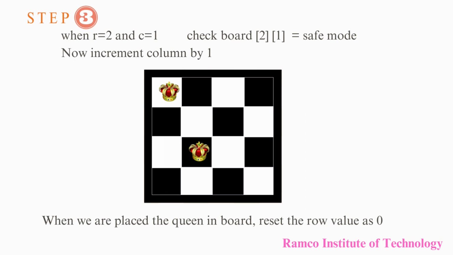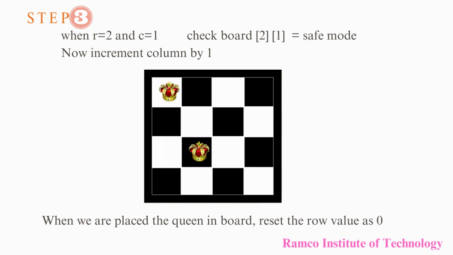In step 3, R value is 2 and C value is the same. So check the 2, 1 position. This position satisfies all the constraints. So we will fix the queen in the 2, 1 position and increment the column value by 1. One more important point is that when we place a queen on the board, we have to reset the row value to 0.